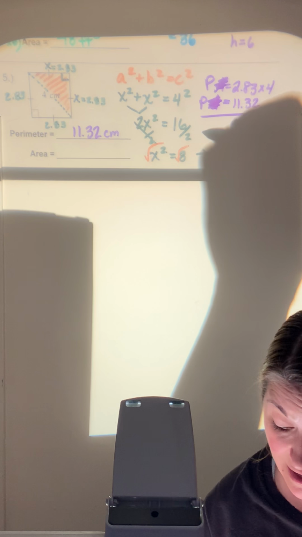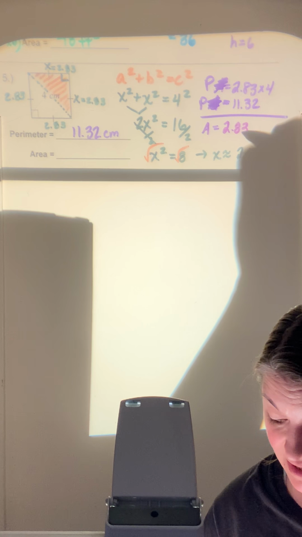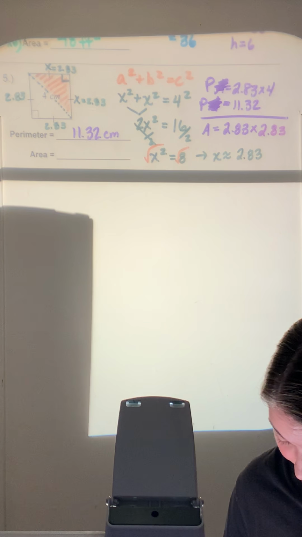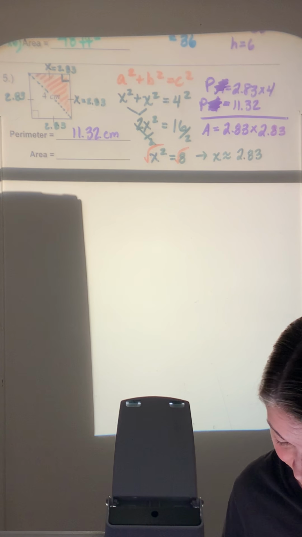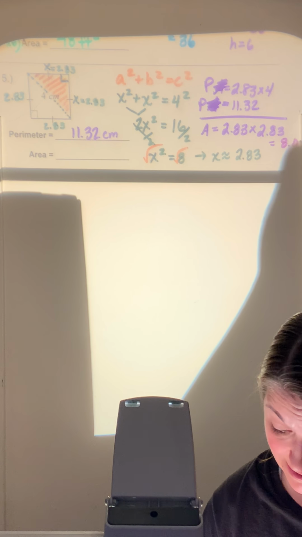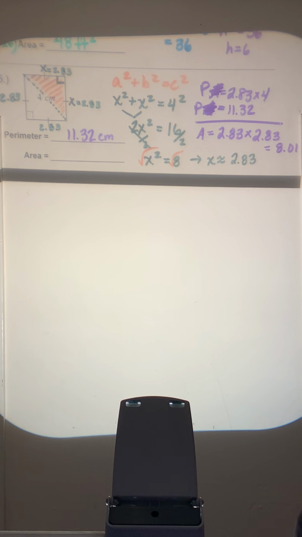As far as our area is concerned, that's length times width. So 2.83 times 2.83. And that gives us 8.0, technically 1. But I'm going to tell you the truth, guys.